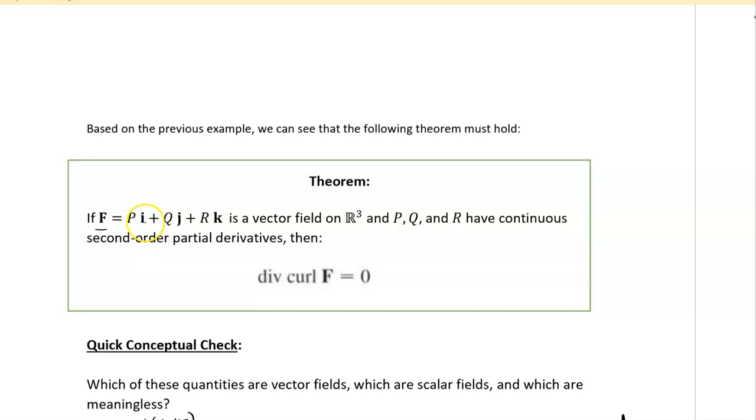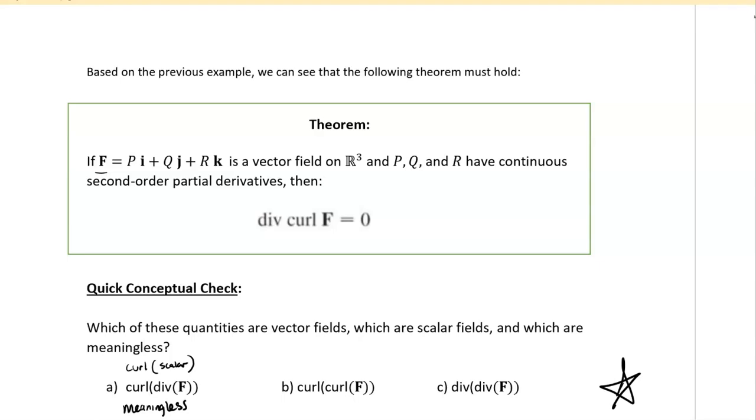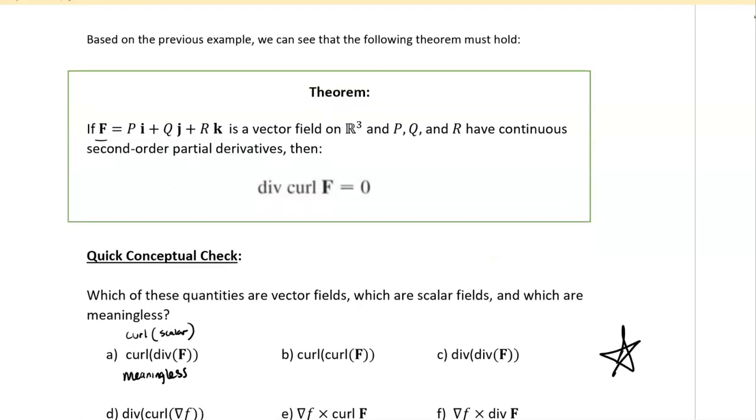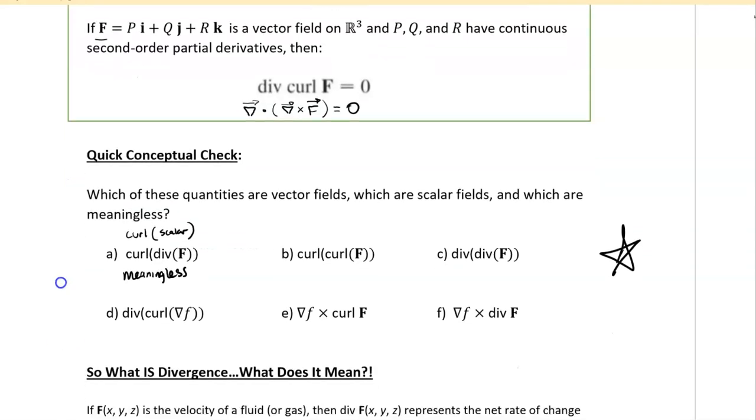If we have F a vector field on R3 and P, Q, and R have continuous second order partial derivatives, then we know that the divergence of the curl of F is equal to 0. Again, I want to mention other notations that might be helpful to you, but that is something good to know. Commit that one to memory, might be helpful.